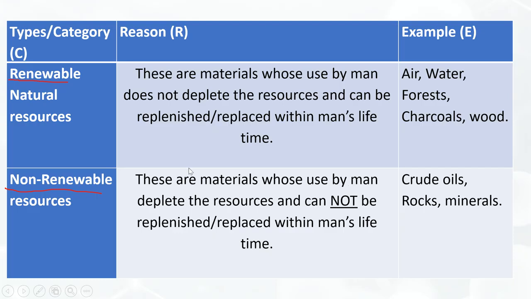Let's look at the non-renewable. These are materials whose use by man depletes the resources and cannot be replenished within man's lifetime, like crude oil, which takes very many years, millions of years to form. So those ones we say they are non-renewable resources.